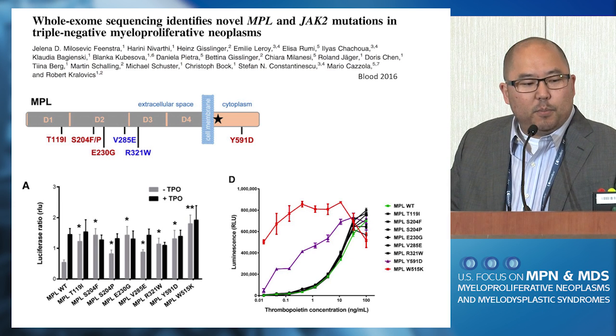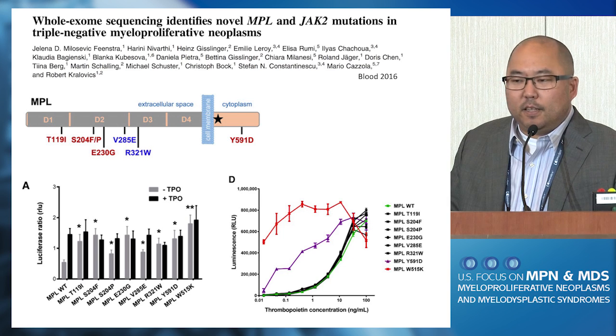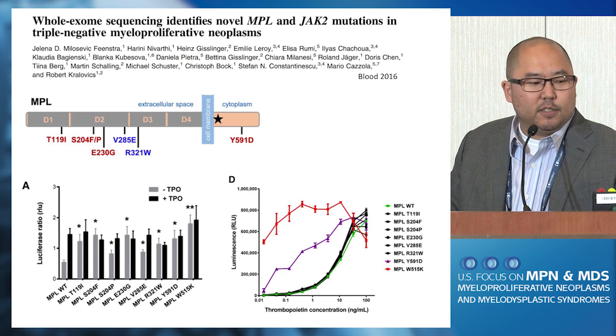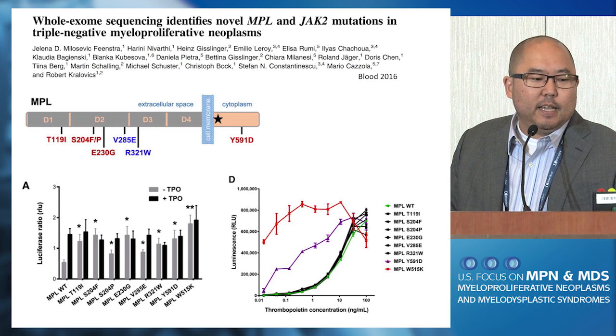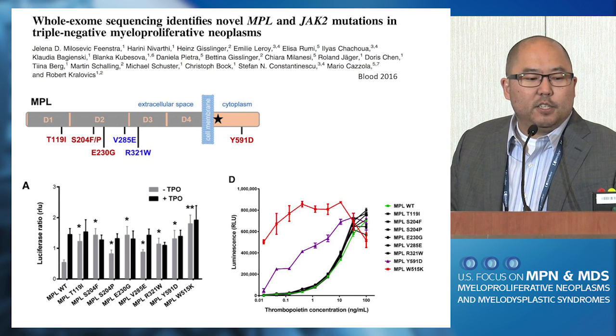And I think this is an important point in that they showed functionally that there was perhaps a subtle functional effect from some of these mutations. Here looking at a reporter to look at JAK-STAT activation, some very mild differences compared with wild-type MPL. And in a growth assay, here's the MPL 515, which has a very clear phenotype in terms of cytokine-independent growth. These other mutations either had very little effect or a modest phenotype.